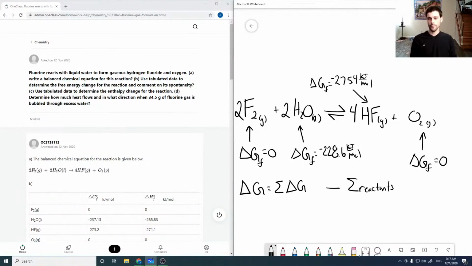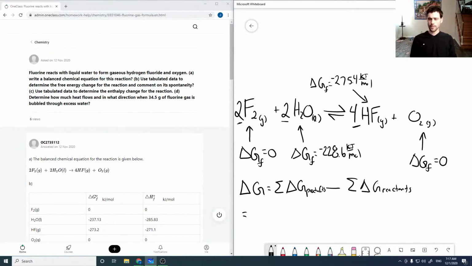Delta G of our products minus the delta G's of our reactants, where each of these need to be multiplied by their appropriate coefficients.